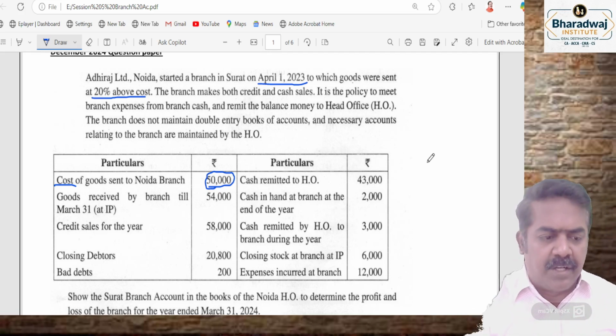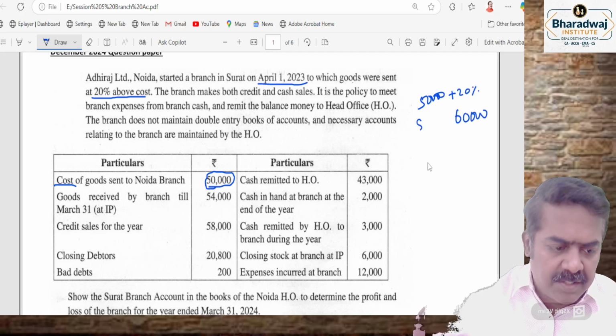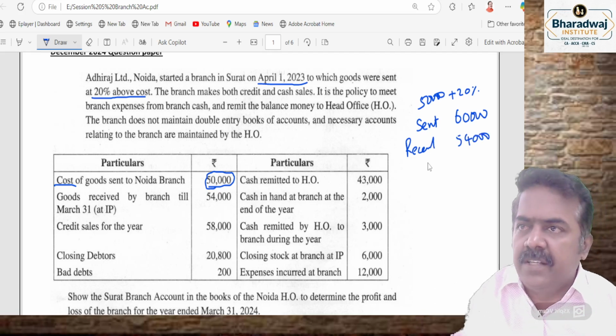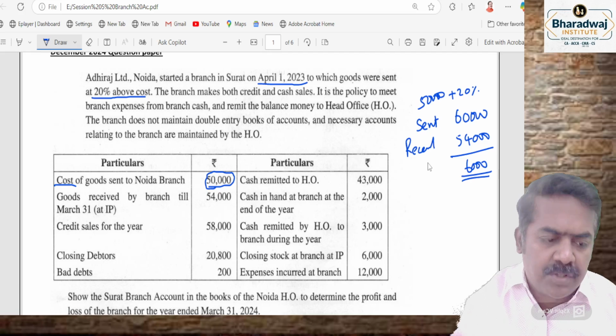So what is the goods sent to branch? 50,000 plus 20%, if you add, how much will you get? 60,000 sent. In that, what is received? Only 54,000 is received. The balance 6,000 is goods sent but not received.